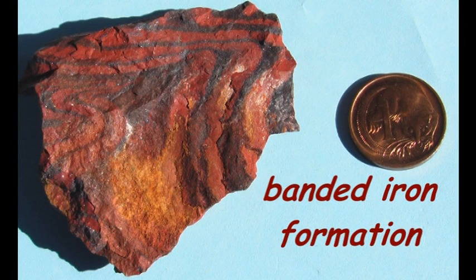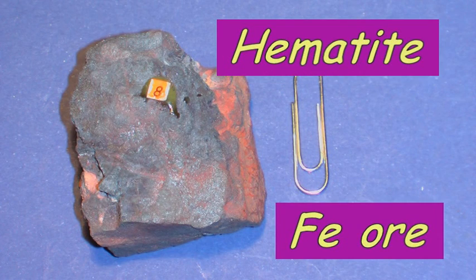The rocks have light and dark bands. The dark bands are rich iron ore, and the reddish bands consist of cherts with iron oxide staining. The black iron ore is hematite, which is iron 3 oxide and sometimes called ferric oxide.